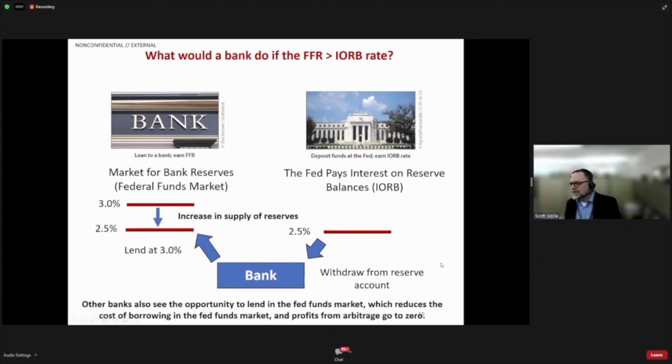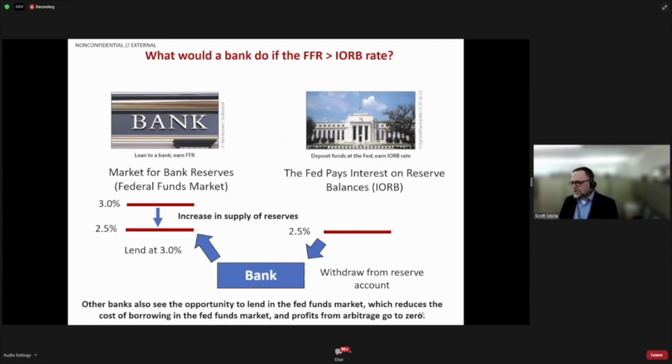And of course, as those banks were attempting to lend more and more money in the federal funds market, that increases the supply of reserves and pushes the federal funds rate down to the same level as the interest on reserve balances. And so arbitrage ensures, this is kind of the point here, that there will be negligible differences between the federal funds rate and the interest on reserve balances rate.